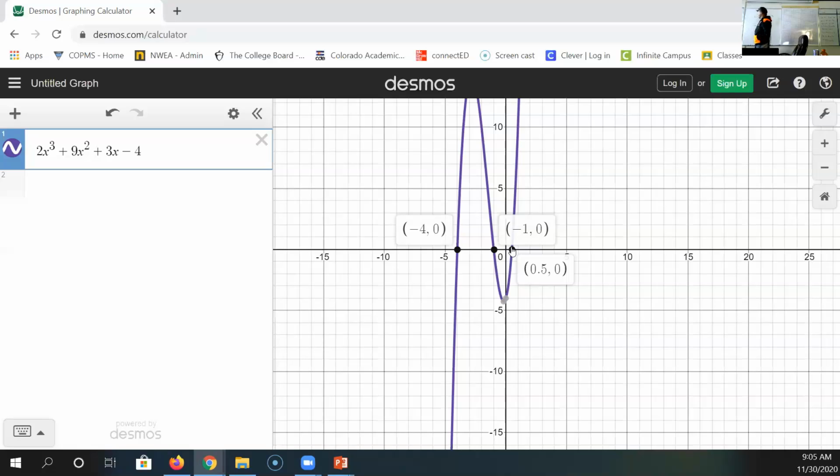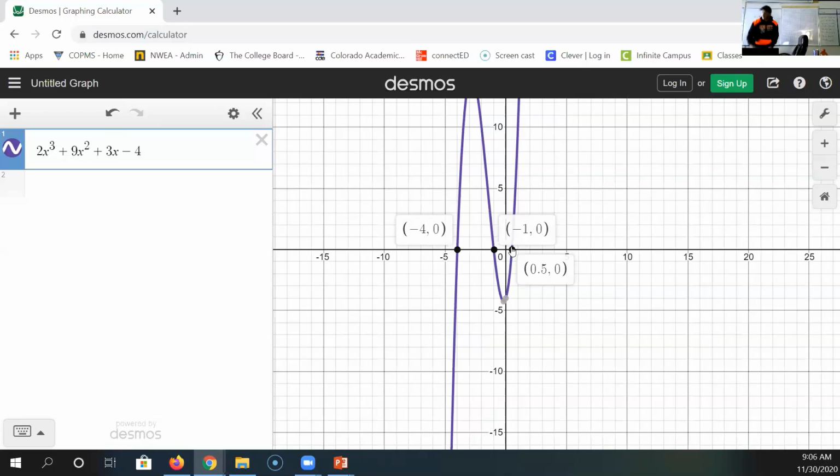So using end behavior again, from -4 going to negative infinity in terms of x values, I'm just going to be going farther and farther negative. Between -4 and -1 is where my positive occurs. Between -1 and 0.5 is where I dip back beneath the x-axis. And then from 0.5 to positive infinity in terms of x values, I'm positive.